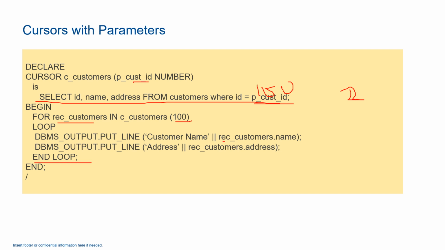This is how we fetch the name from that cursor. You can give any name, like rec; I have defined rec_customers, and then rec_customers.name fetches the name and rec_customers.address fetches the address. This is how we define cursors with parameters.